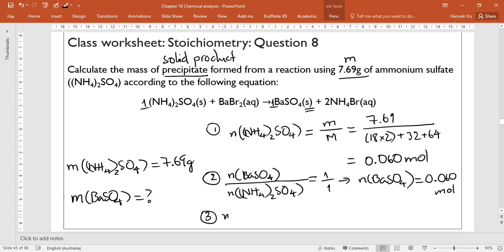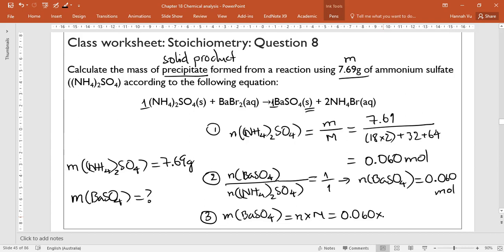And then you find the mass. What's barium? Like 137 or something? So once again, you need to find the molar mass of barium sulfate, which I do not know off the top of my head. Okay, so sulfate's 32 plus 64. I think it can be 137. Maybe it was 137. I'm just checking it in the data book: 137.3.